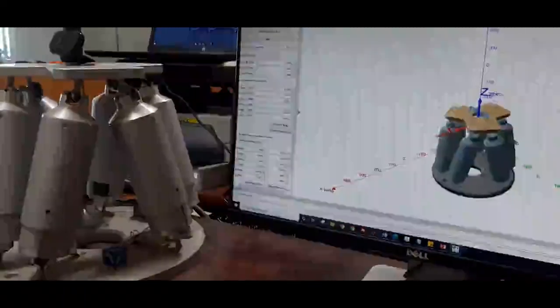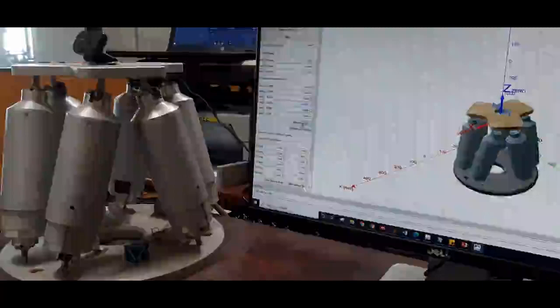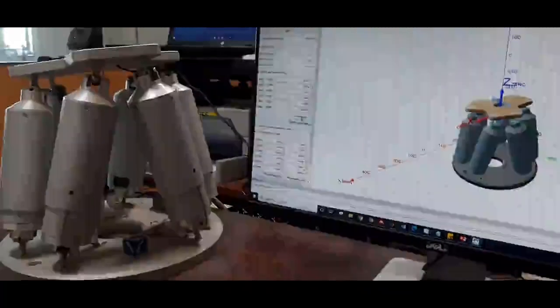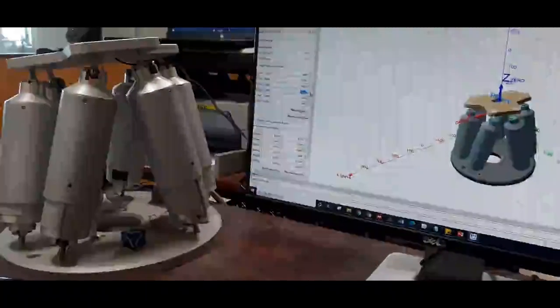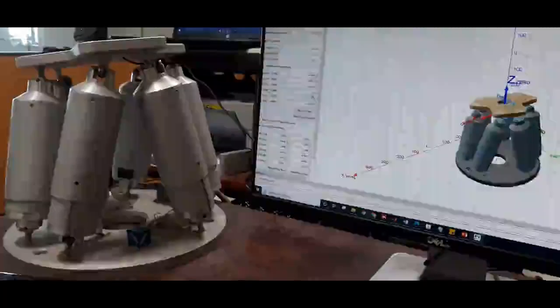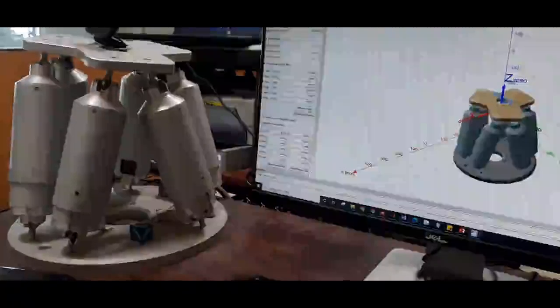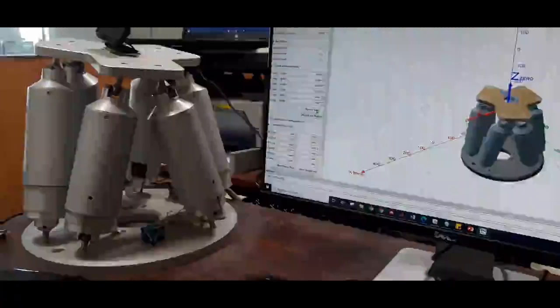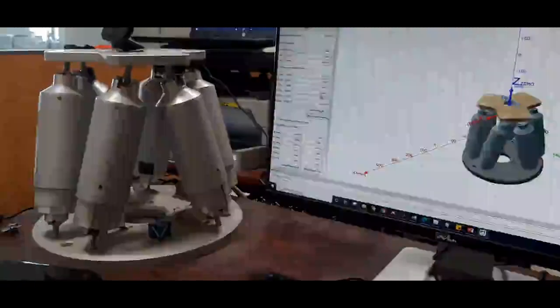So now I want to rotate, let us suppose 10 degrees about the X axis. So I put the 10, and you may see the platform is moving 10 degrees about the X axis. Now again I am putting minus 10 about the X axis. So it will again come to 0, then again it will go to minus 10. Now coming to 0 position again.